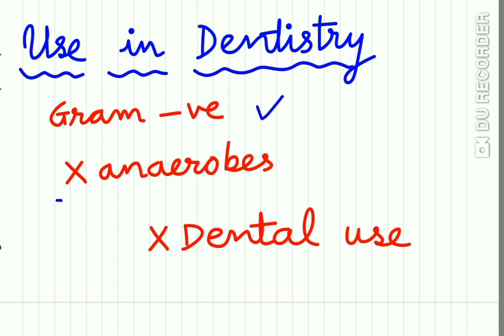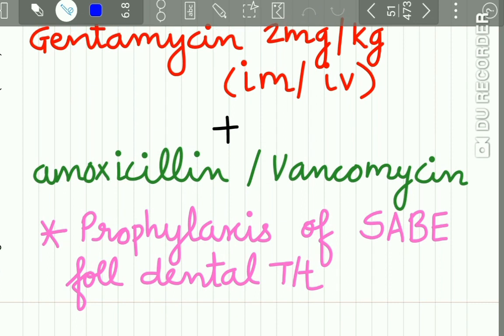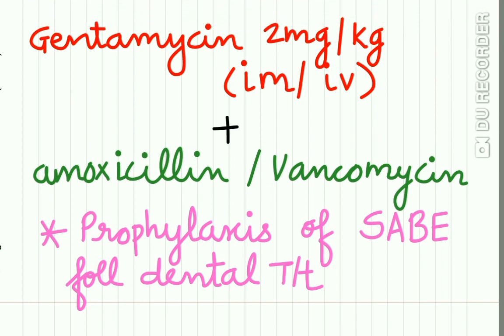It cannot act in anaerobic conditions, and dental use is very limited. The only dental use of aminoglycoside to remember is gentamicin 2 mg per kg, either IM or IV, plus amoxicillin or vancomycin, given as prophylaxis against subacute bacterial endocarditis following dental surgery in patients with prosthetic heart valves.